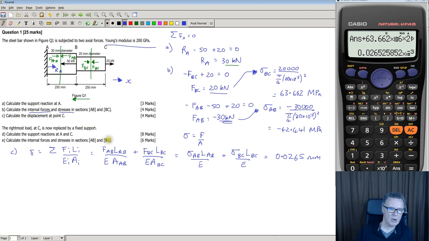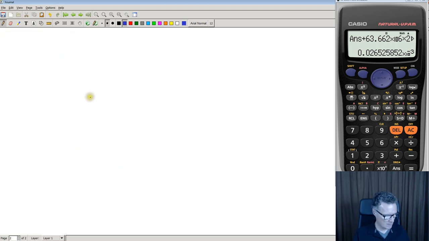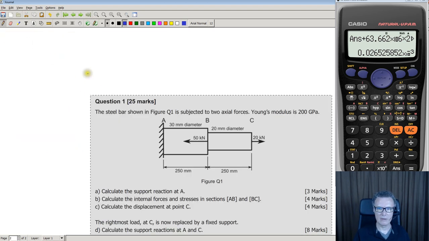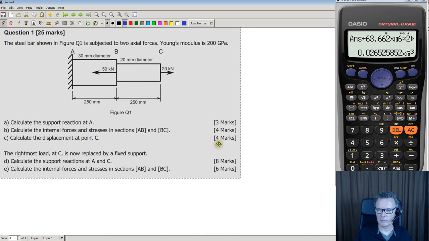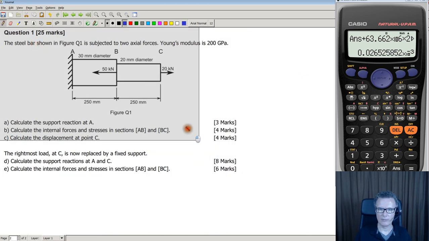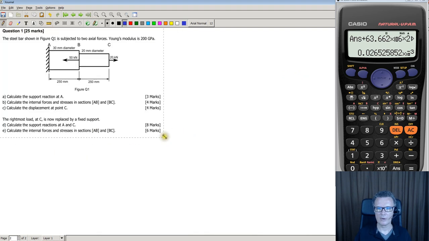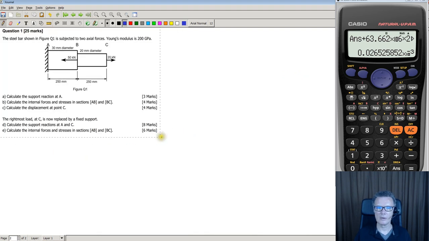Okay, so parts D and E, looking like I'm going to need a new page. Quite a lot to do here. So let's go to a new page. Okay, that'll do.